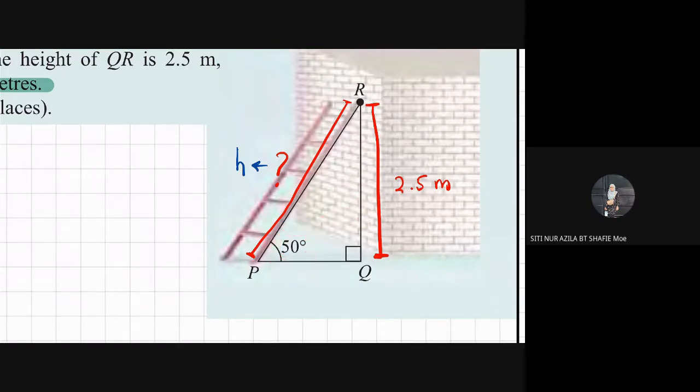Opposite is the one in front. Okay, never mind then. As long as you can identify which side is opposite and which side is adjacent, then you are going to be fine with this type of question. So 2.5 is opposite. So I'm going to mark this as O. So we have H and O.